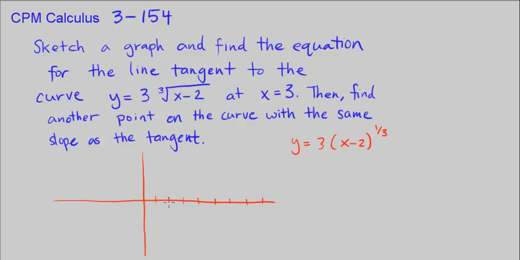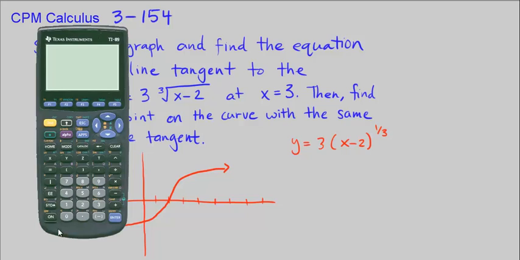It's going to be shifted over to the right 2 units and stretched vertically by a factor of 3. You can use your calculator to assist. It's going to look like this. We can use our calculators: y equals 3 times (x minus 2) to the power of 1/3.